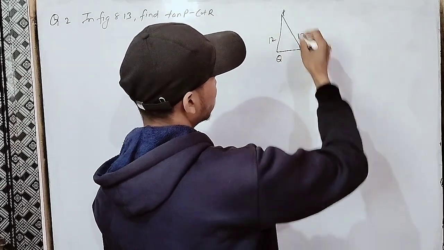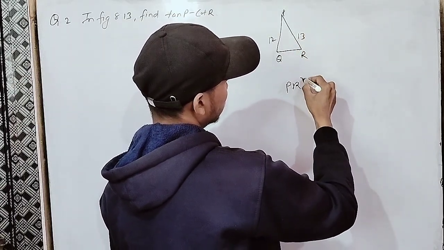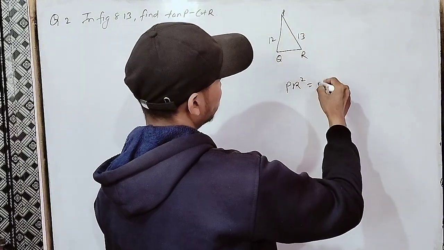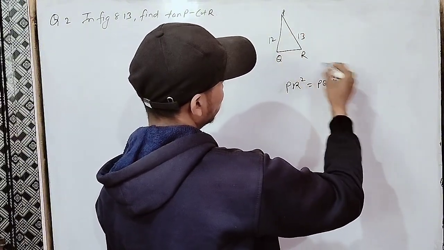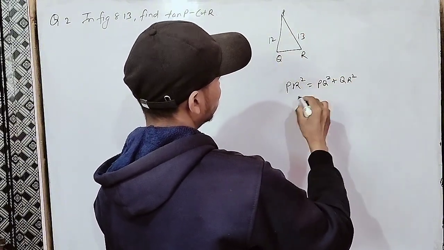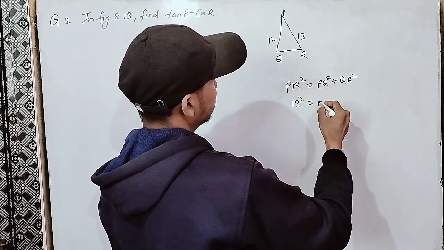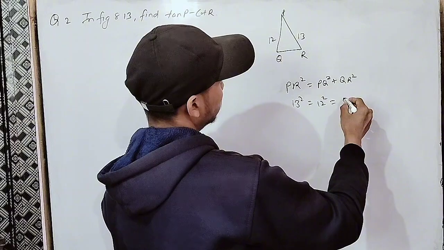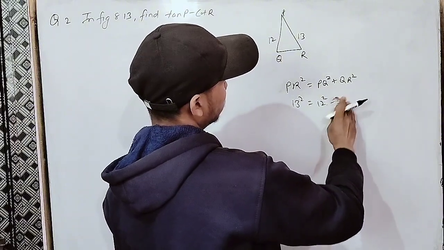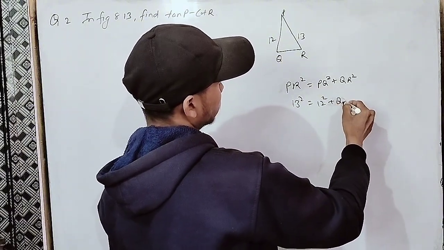So our hypotenuse would be PR. Just to put the values, PR is 30 centimeter, PQ is 12, and QR we don't know.